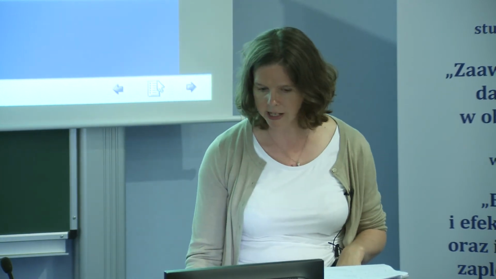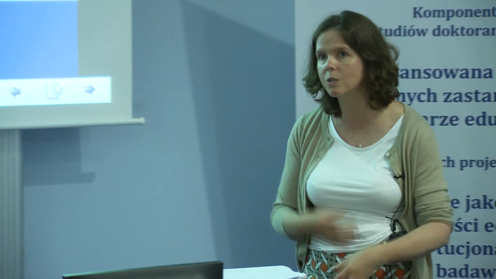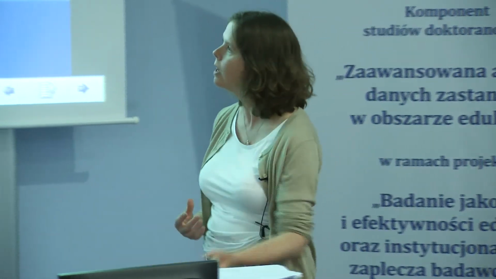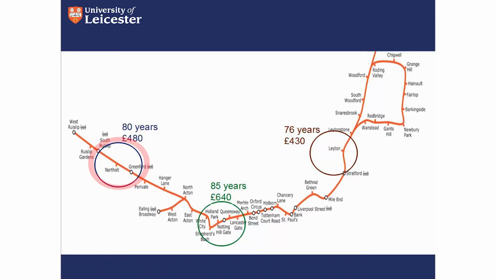He identifies three areas. And again, this is using secondary data in teaching as a way of illustrating things that are quite powerful. So he identifies in blue an area to the west of the centre, green an area in the centre, and then an area over in the East End, which is a much more working class area. And he talks about life expectancy.